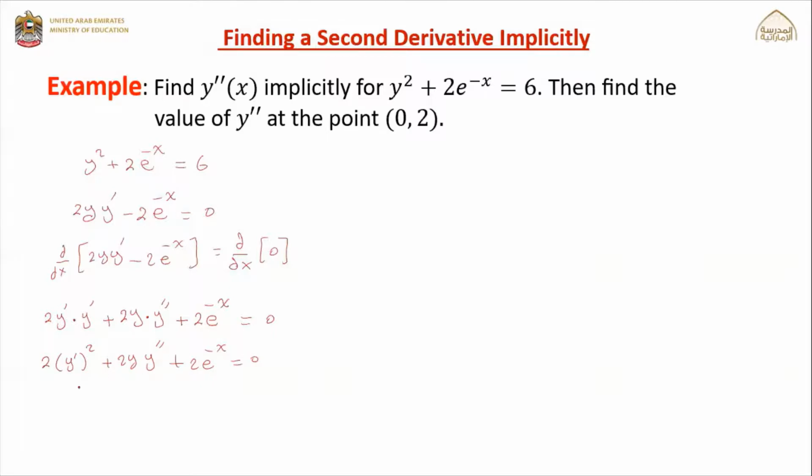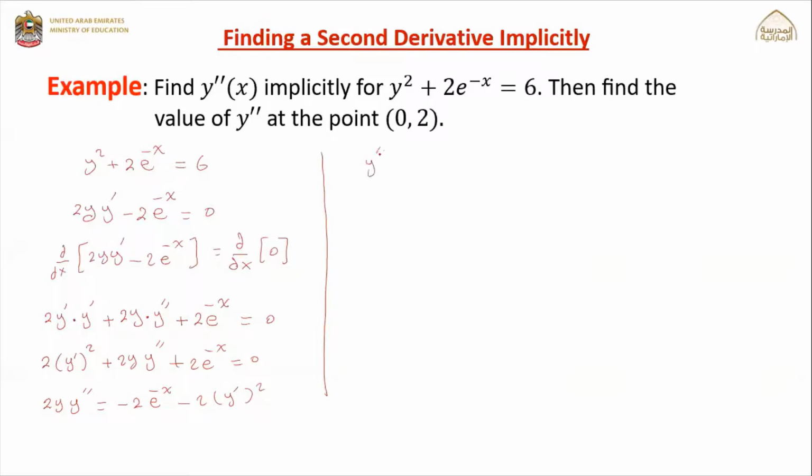I need y double prime, so I will take both terms, 2y prime squared and 2e to the power negative x, to the right side. So 2y y double prime equals negative 2e to the power negative x minus 2y prime squared.